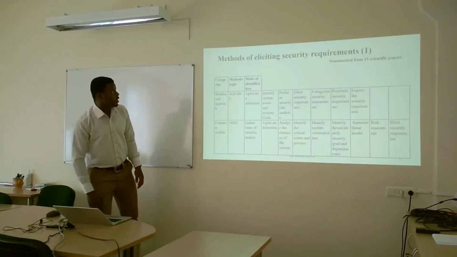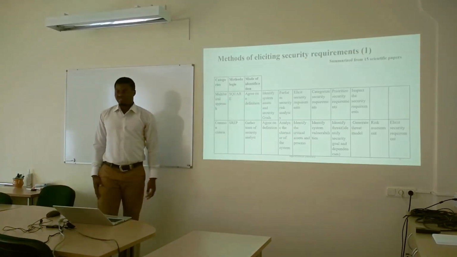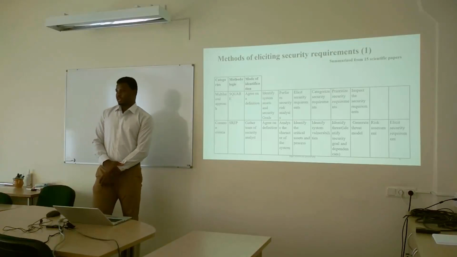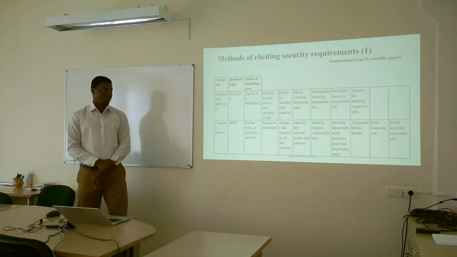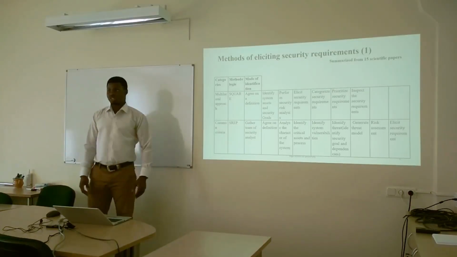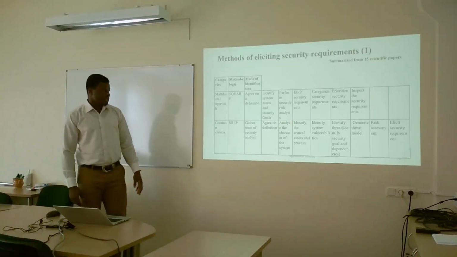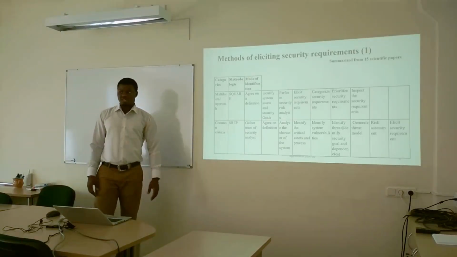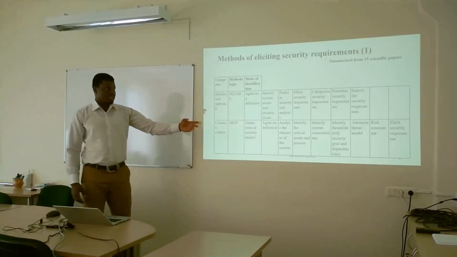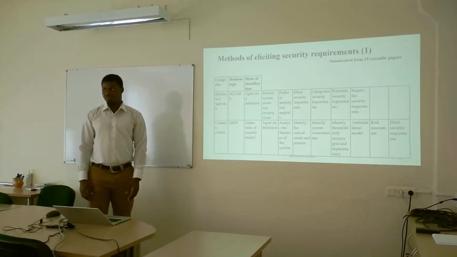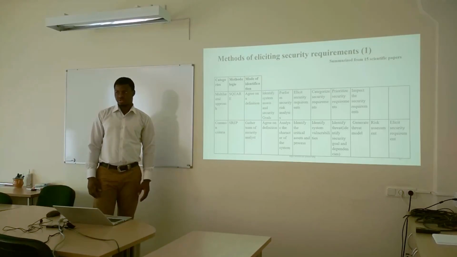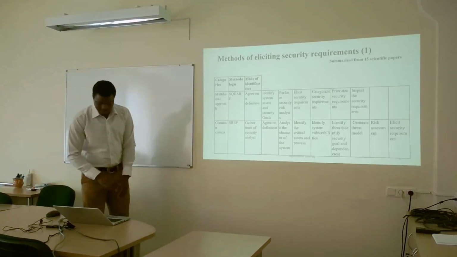Furthermore, the methods which have been proposed by several authors for identifying security requirements include the security quality requirement engineering methodology, which has 7 processes, and the security requirement engineering process, which has 9 processes for evaluating security requirements.